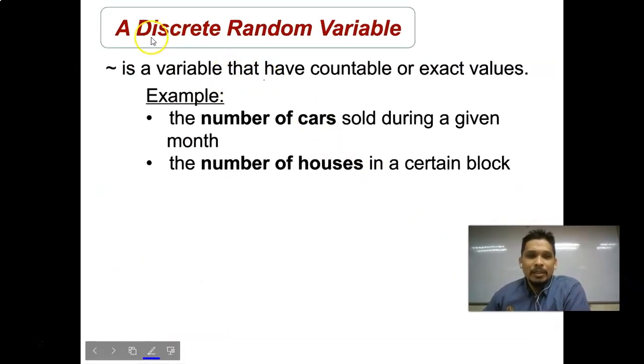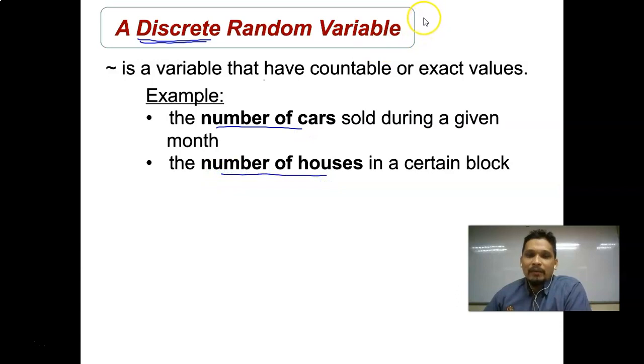First one, discrete. When we talk about discrete, we mean variables that are countable, or have exact values. So, number of cars, number of houses.